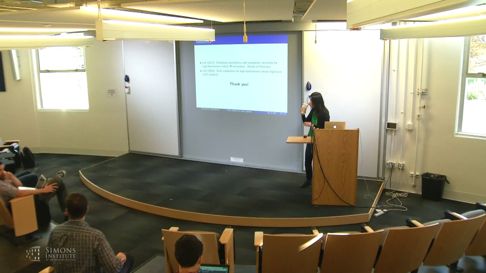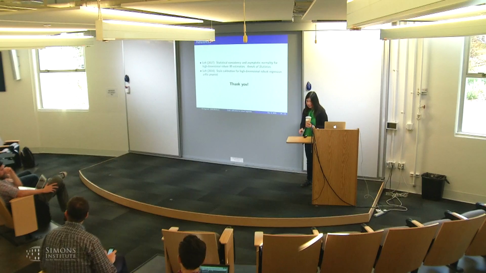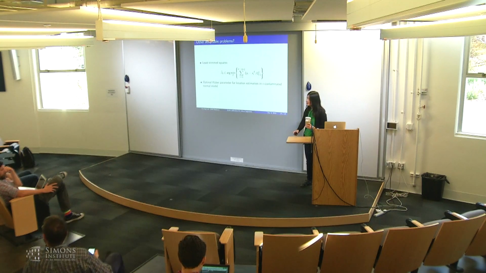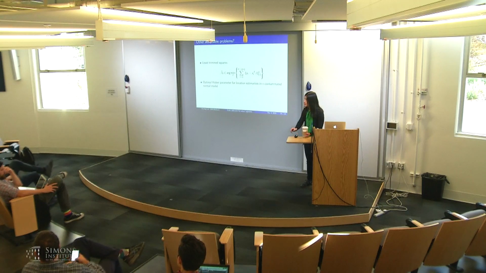I've got a question. In your previous slide, you said something about the optimal Huber parameter. Isn't that the C parameter, where you start to switch to the linear loss? And isn't that related to the scale of your errors as well? Yeah, so that's what I'm saying.